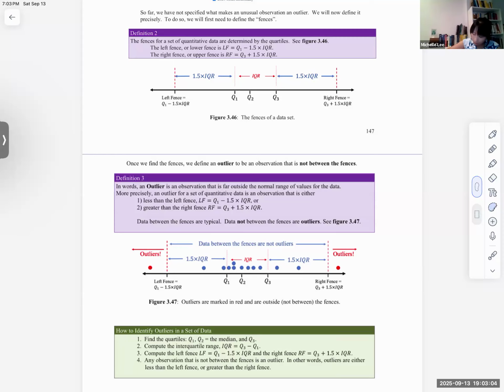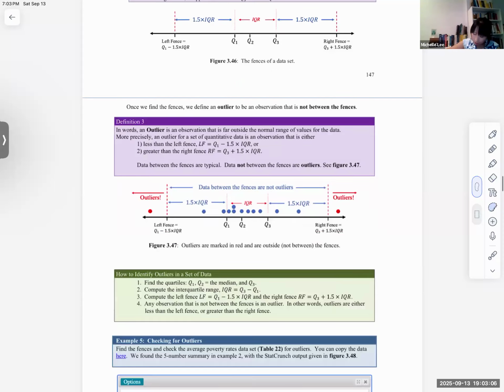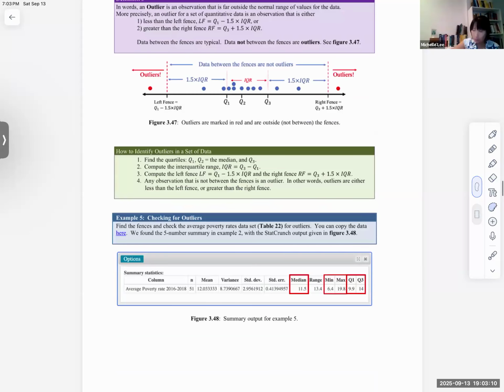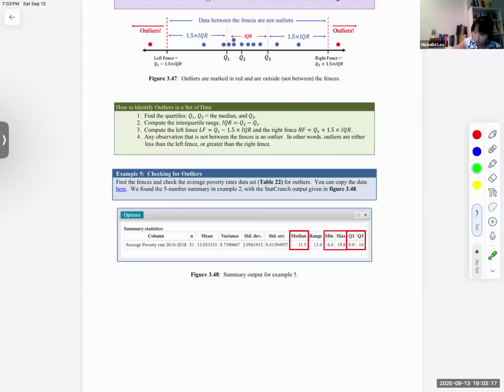Here's an example. All right, so this information is from the previous one, oh, you cannot see. All right, so let's find the lower fence. So lower fence is Q sub 1 minus 1.5 times IQR.